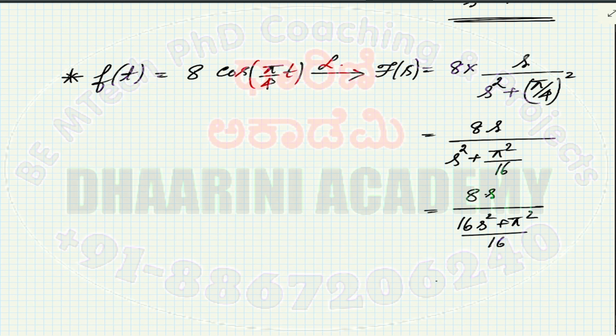Okay, now this 16 goes to the numerator, so that is 16 into 8 is 128. So this is 128 into s, whole divided by 16s square plus pi square, is the answer.